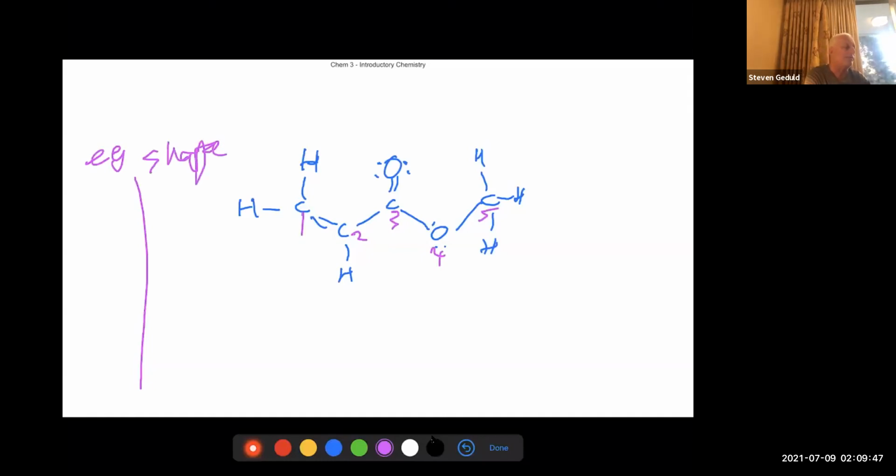And number 1, what is the electron geometry? Remember, if there's 0 non-bonding electron pairs, the molecular geometry equals the electron geometry. So look at number 1, how many negative groups do you have?